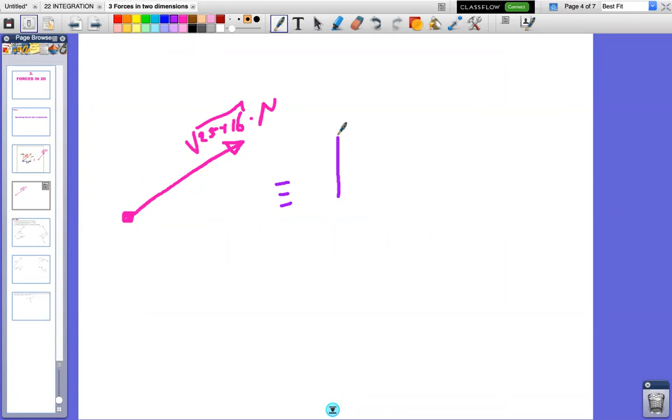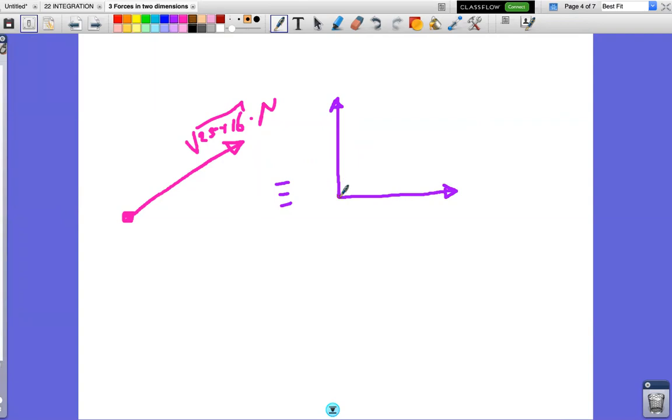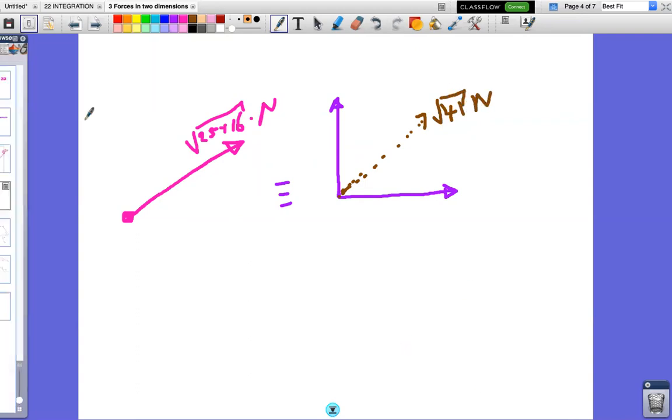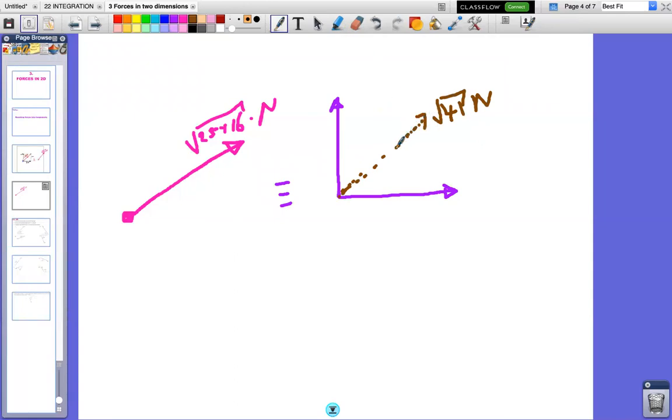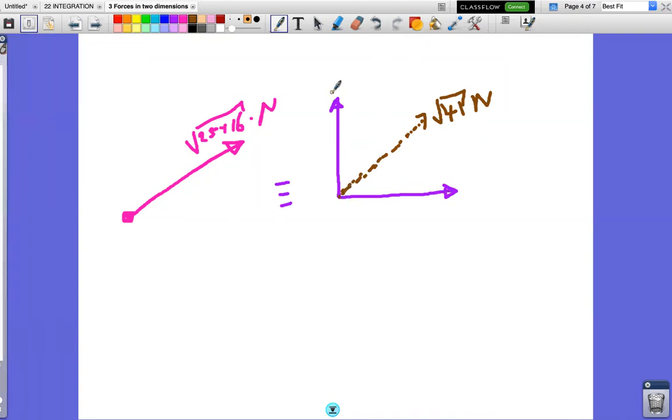So you can break it into one force that way and another force this way. Okay, this single force was root 41 newtons, as we have seen. We should be able to use that single force to find what is this force and what is that force.